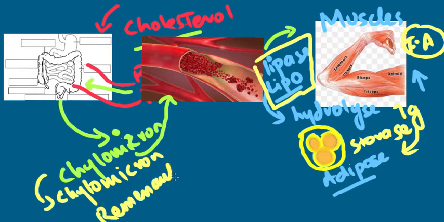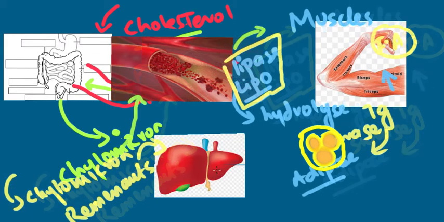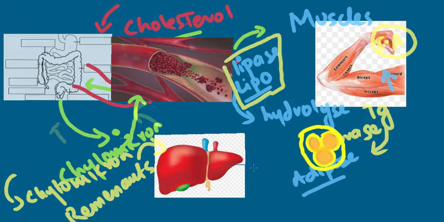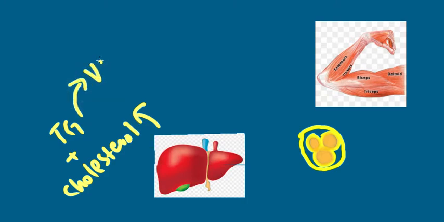Now these remnants, what they do is कि भाई they go back into the liver, and what they do is कि भाई यहाँ पे the triglycerides plus cholesterol are packaged in the form of smaller particles, which are known as VLDL, or very light density lipoproteins. This happens from the liver.